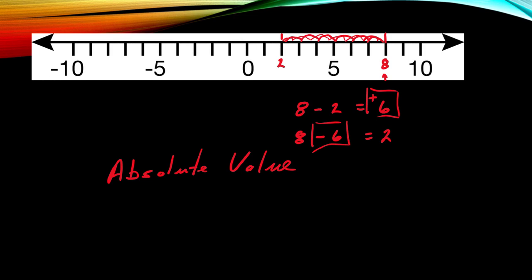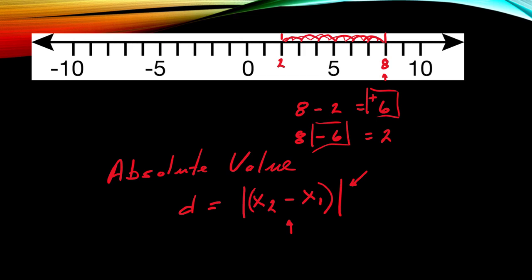So I will define the distance as the absolute value of some value x2 subtract x1, where these vertical lines represent the absolute value. And the absolute value says whatever number in here, once I take the absolute value, the result is positive.